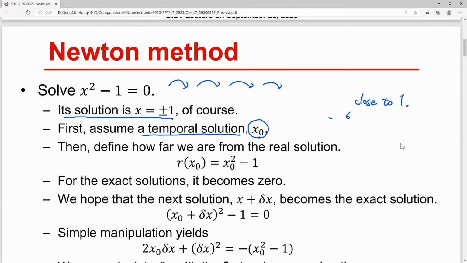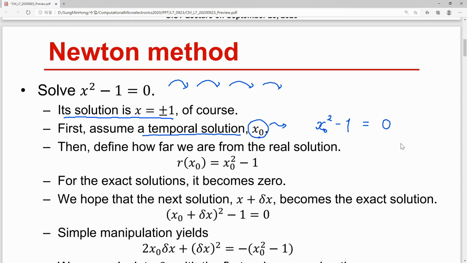After that, we have to admit that this is not the solution. Why is it not the solution? Or why is the real solution the solution? It is simply because when you insert the solution into our original equation, it satisfies the equality.